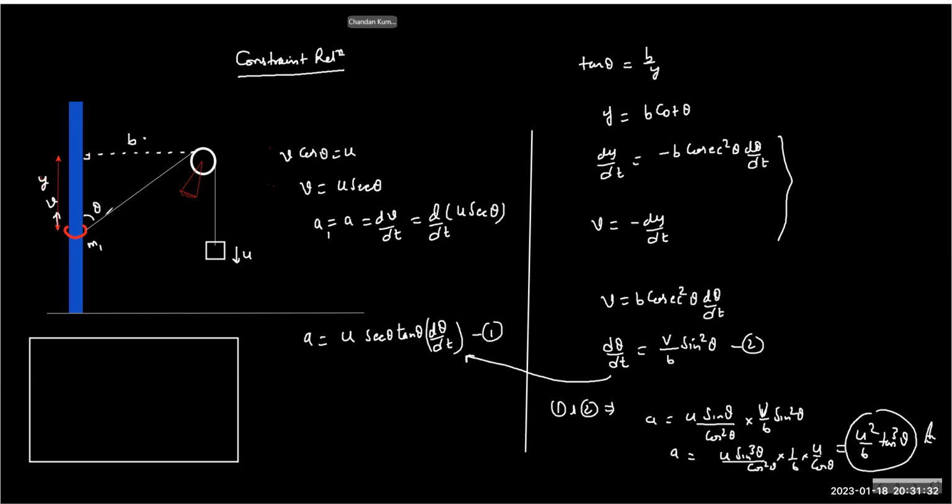So the tension on M1 will act like this, right? What is the angle between the tension and the velocity of M1? The angle is theta. A dot B we write as AB cos theta, right? You don't remember the dot product? What is A dot B? So what is T dot V?